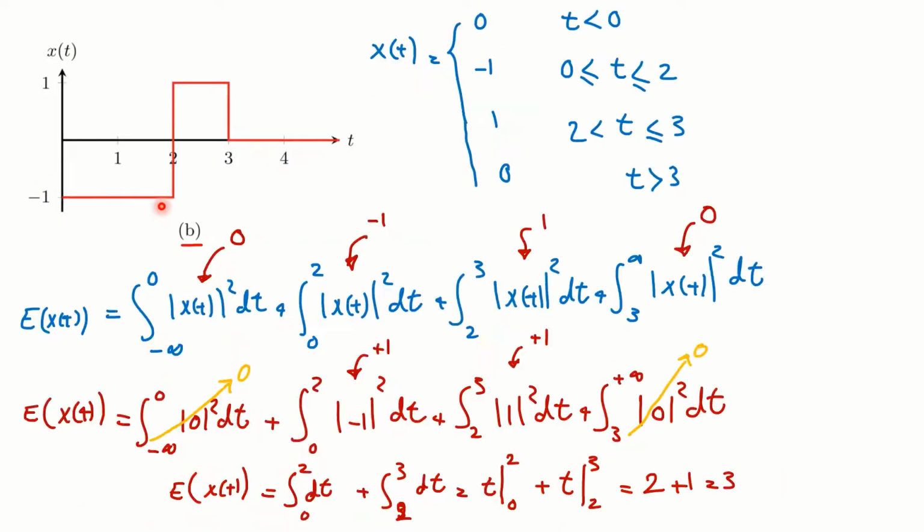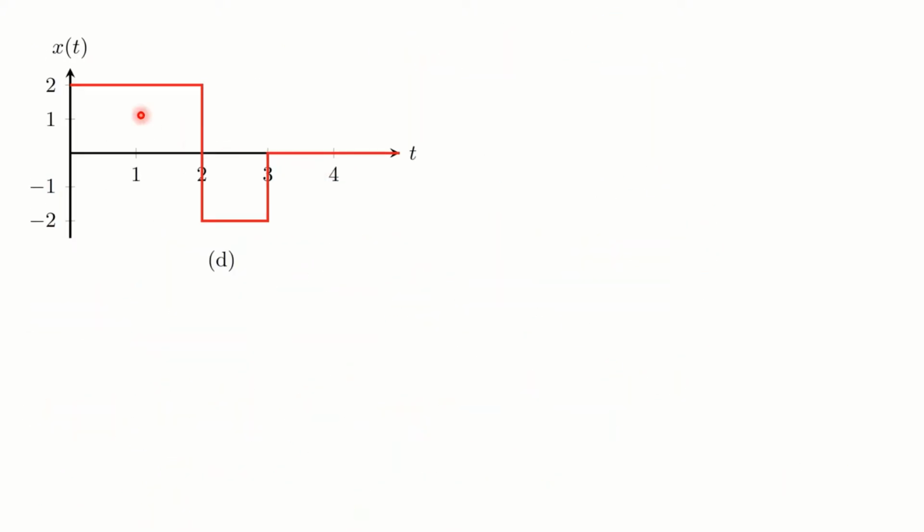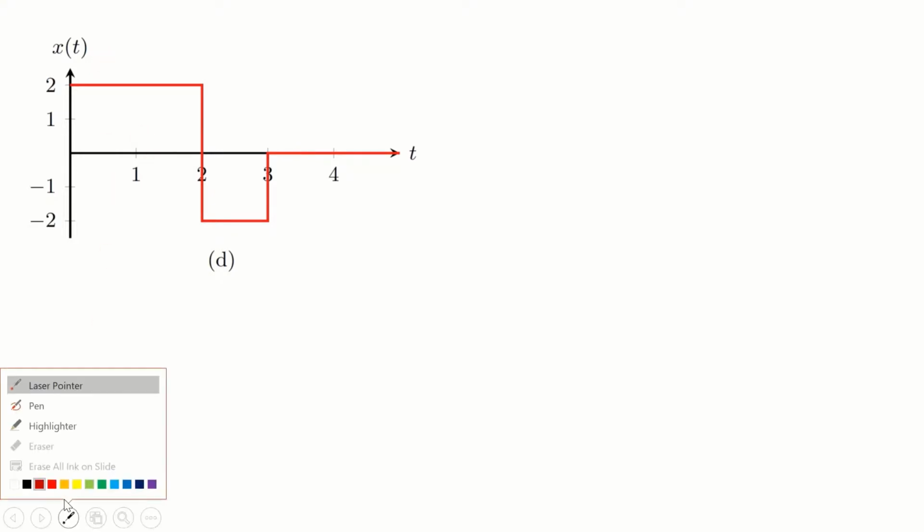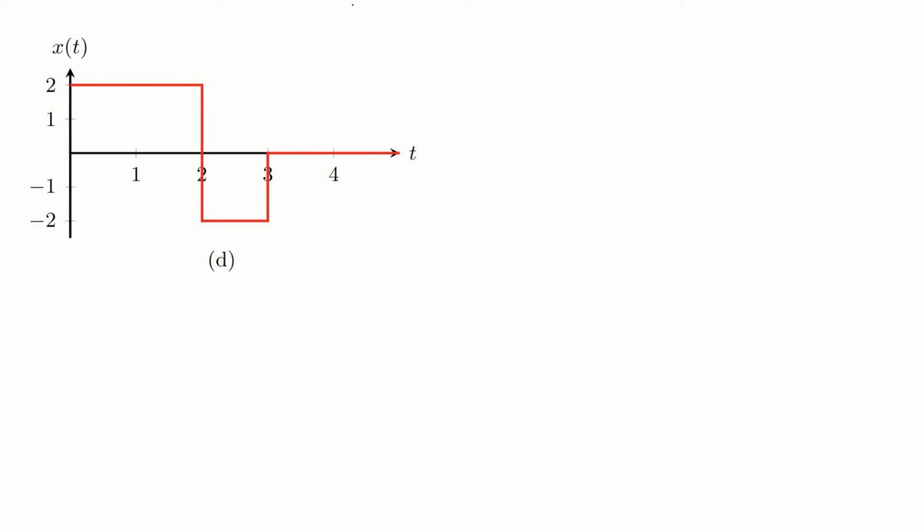But in part D we have an amplitude scaled up version of the original signal, and the amplitude is from -2 to 2, and we want to see if amplitude scaling will impact the energy of the signal or not. So we saw that inverting or time shifting doesn't change the energy of the signal, but let's check for amplitude scaling this time.